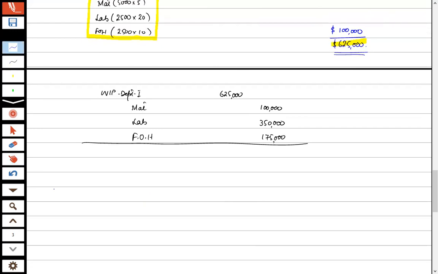Now let's suppose the goods or units are transferring from department 1 to finished goods. Then the finished goods department will be debited because things are coming, and this WIP department 1 will be credited because it is transferred to the finished goods.